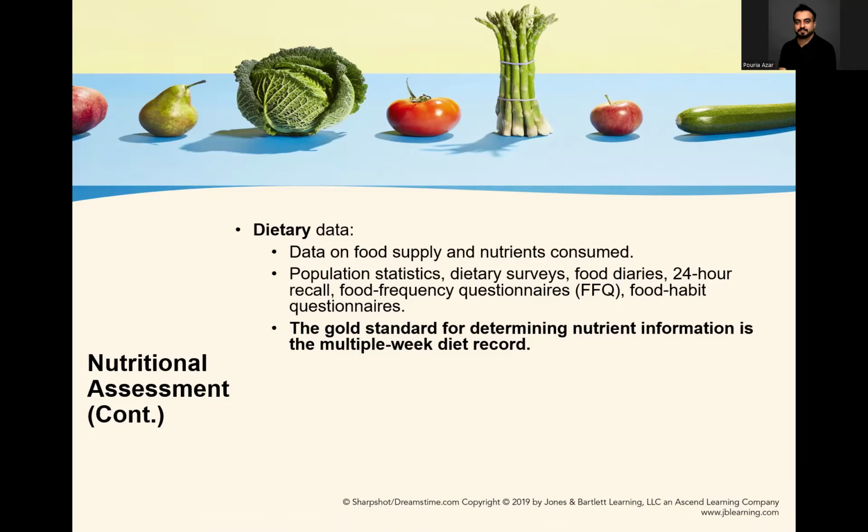But remember, the gold standard for determining nutrient information is the multiple week diet record. This is very important. That's why it is bolded. So this statement, this sentence is very important. The gold standard is through multiple week diet record or food record.